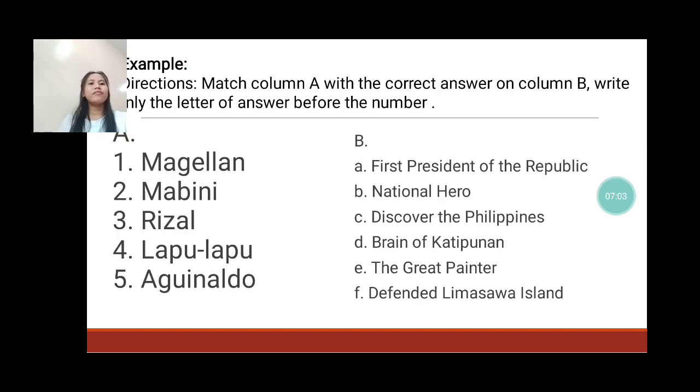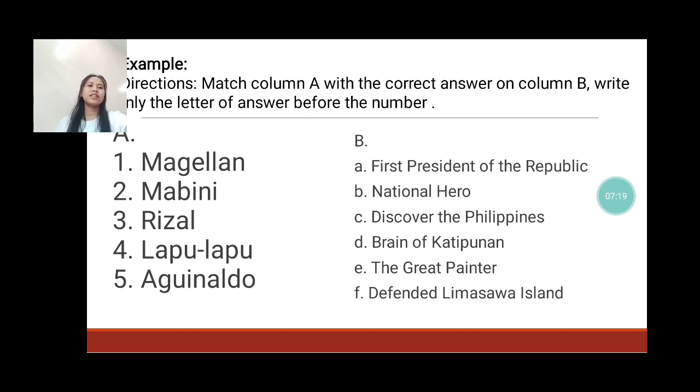So let's have the example. Match column A with the correct answer in column B. Write only the letter of the answer before the number. So the learners or the takers must choose the given option.